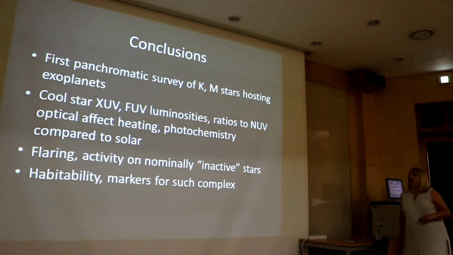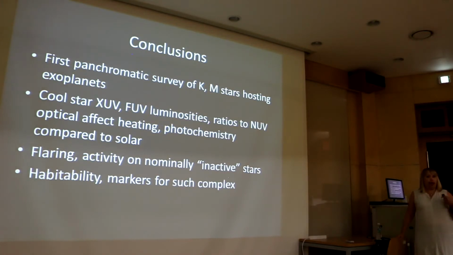So those are my conclusions. We had the first program where we did a survey of cool stars hosting exoplanets to try to understand what their high energy X-ray and ultraviolet luminosities look like. What we found is that the different spectrum of a cool star compared to the sun will affect how much heating and photochemistry you get. Our team is starting to model that.